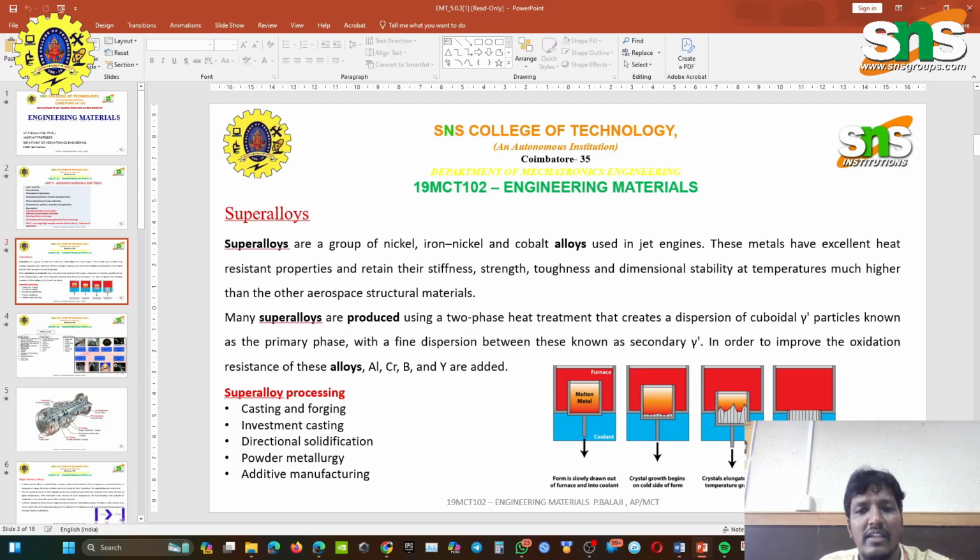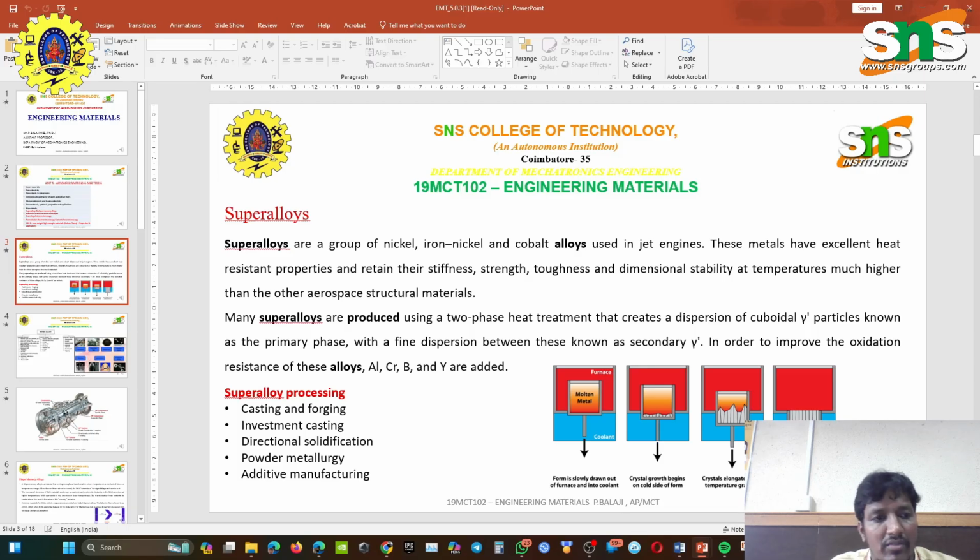Basically, the superalloy is a class of high performance metallic materials known for exceptional strength, creep resistance and stability at high temperature levels. Basically we can use them at temperatures like 600 degrees Celsius.